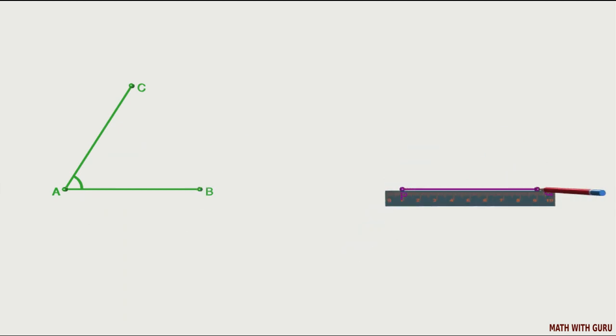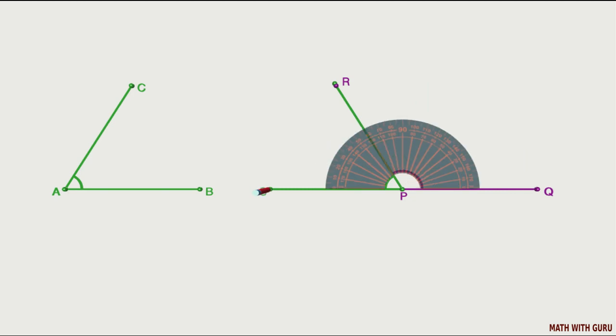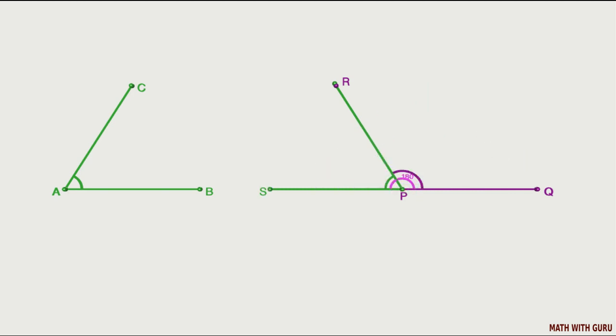Again, I am going to shift and rotate angle BAC on angle QPR such that AB coincides with PR. Measure angle SPQ. It is equal to 180 degrees. Such angles are called supplementary angles. Their sum is 180 degrees.